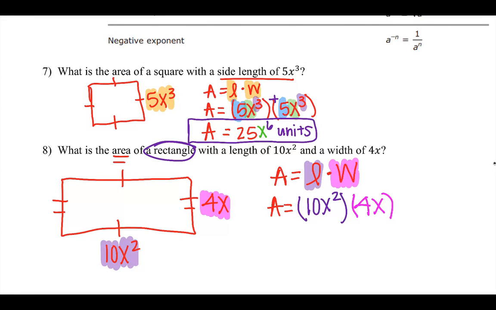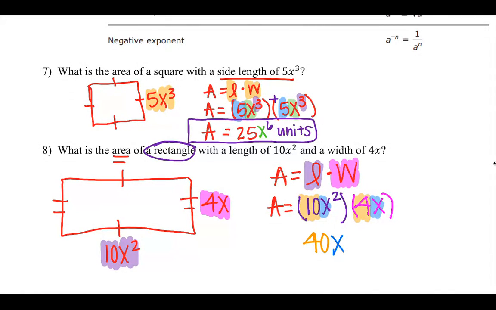Now I can go on to solving. Always multiply my numbers first. So 10 times 4, I have 40. Then I move on to my variables, the x's. So I've got x and an x. That's my base.